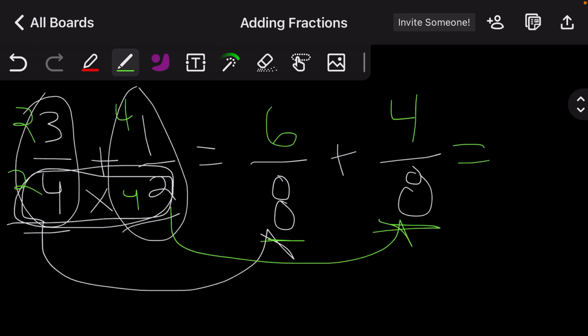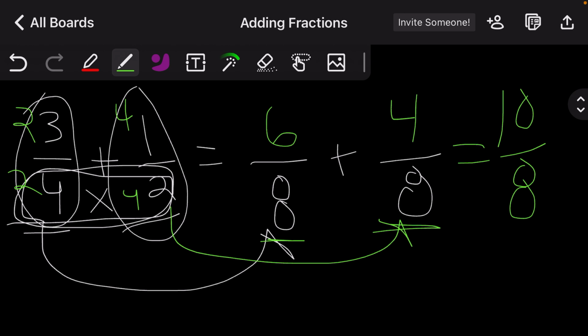So now all we have to do is, again, make sure that we maintain the balance by scaling up the numerator, and now we can just add across. So we got 6 over 8 plus 4 over 8. So the denominators stay the same all the way through. When you're adding fractions, the denominator does not change. As long as the denominators are the same, that's what's important.